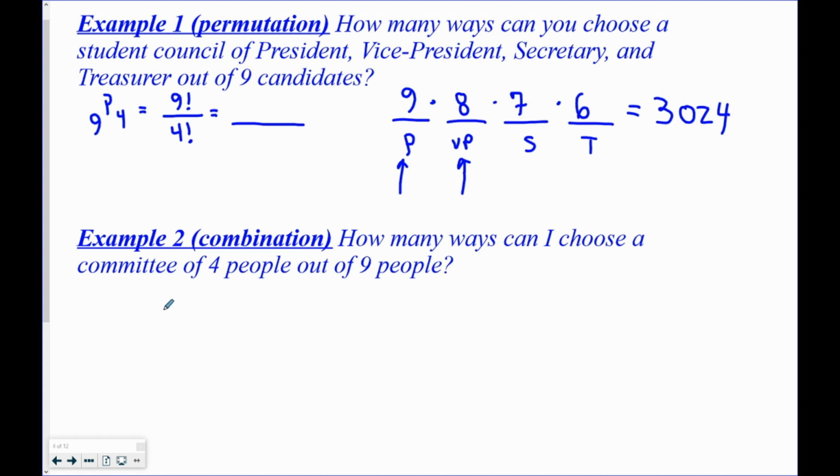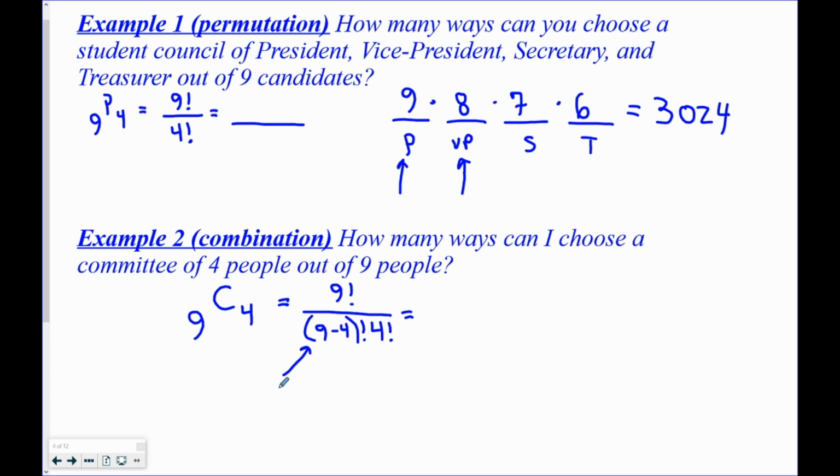So in this case, instead of going permutation, you're going to use a combination. You say I've got 9, and I'm choosing 4, so that's the symbol for combination. Now you can find this on your calculator. We'll go over the formula in a second, but I just want to show you the difference in the formula. What is the big difference? Well, the combination accounts for the repetitions. See how the formula is almost the same, you've got the 9 factorial on the top, the 4 factorial, but you have this additional 5 factorial.